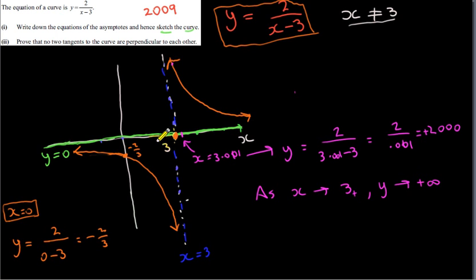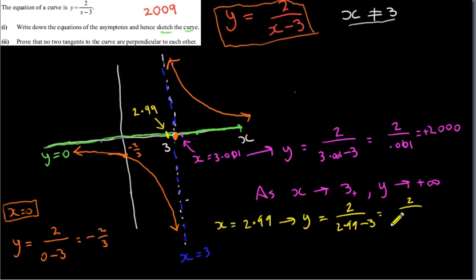You can consider approaching x from the left. So if we take a value just smaller than 3, suppose we take the value 2.99. So if x equals 2.99, y will equal 2 divided by 2.99 minus 3. Well, that's 2 divided by minus 0.01. That's equal to minus 200.